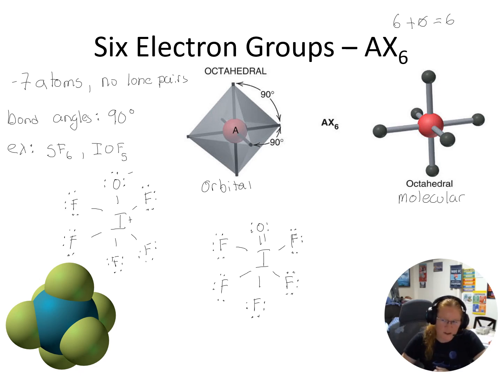Do I need any formal charges on that one? Let's see. Oxygen 6 minus 4 plus 2 gives me 0. Iodine 7 minus 1/2 of 2, 4, 6, 8, 10, 12, 14. What's half of 14? 7. What's 7 minus 7? 0.